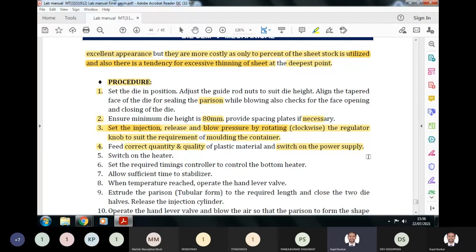Then next step is switch on the heater. So on the extruder machine, before the parison coming, there is extrusion machine. So through that extrusion machine, your solid plastic material will be heated and converted into some pasty form. Okay, because heat is there.